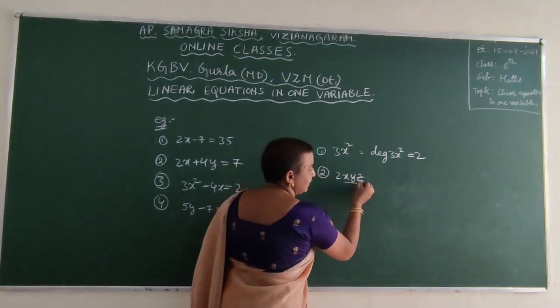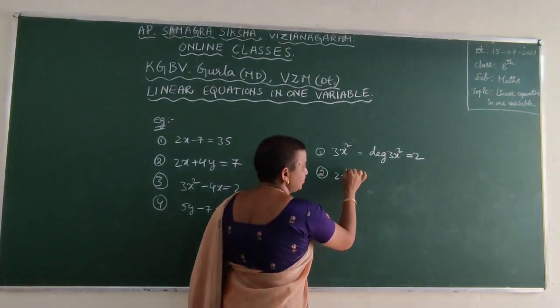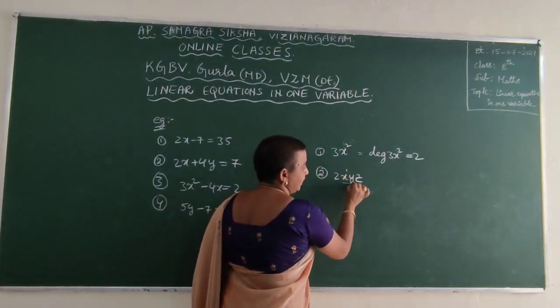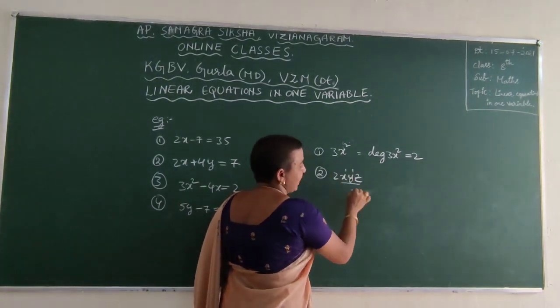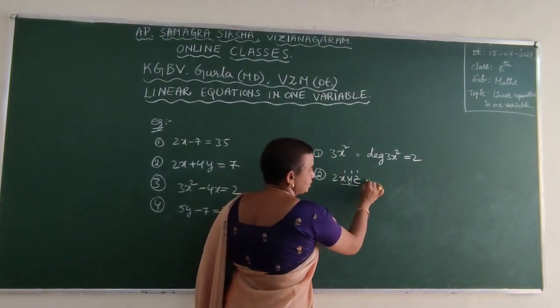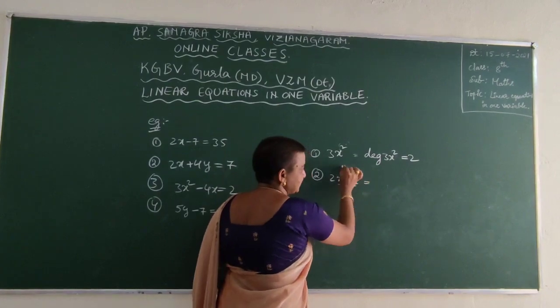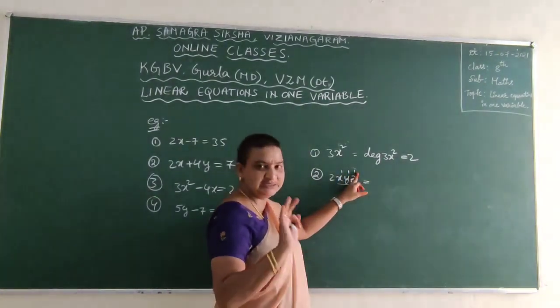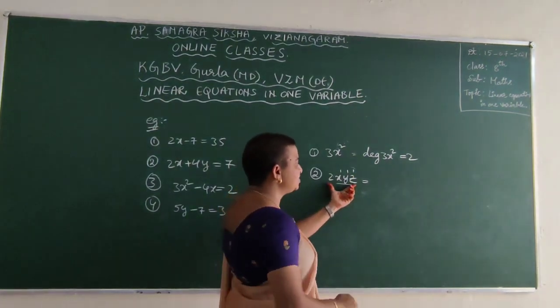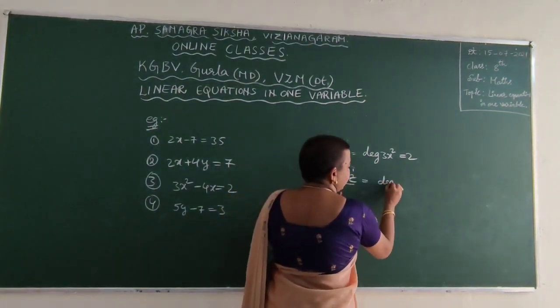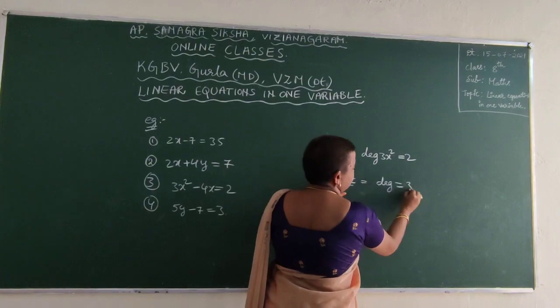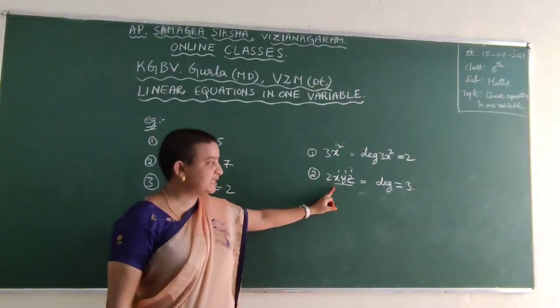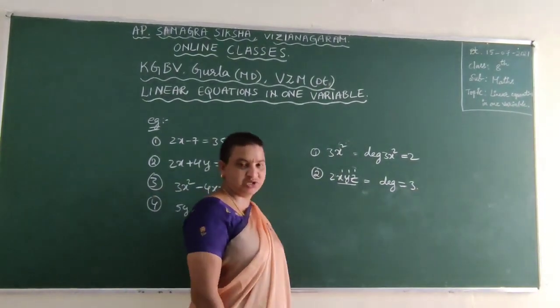Here, there are 3 variables. The exponent of x is 1, of y is 1, and of z is 1. So 1 plus 1 plus 1 is 3. The degree of this term is 3.